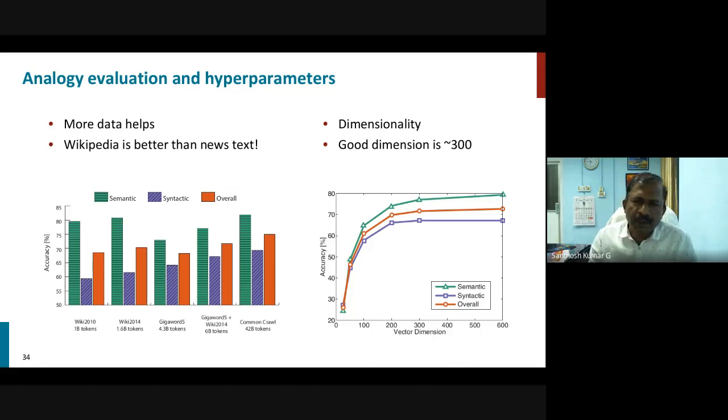But in news text, maybe you have very different kinds of news coming up, right? So if Wikipedia is, let's say, science related pages, there is a chance that you will get more and more vectors which are closely related. But in news text, there is a chance that unrelated words might be appearing, right? So that's why this statement is made. Wikipedia is better than the news text.